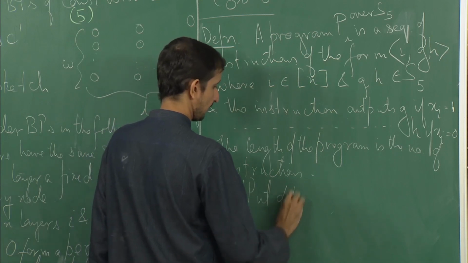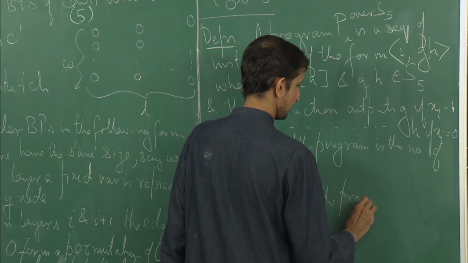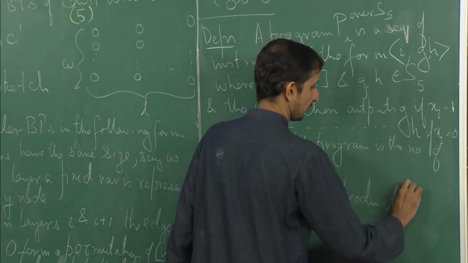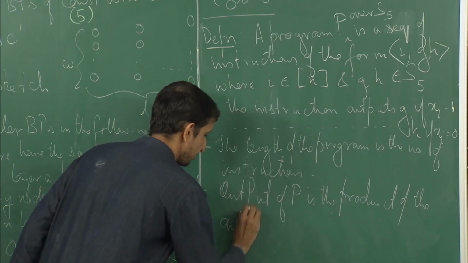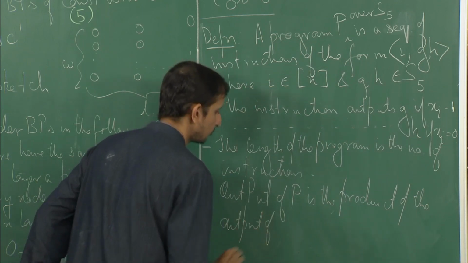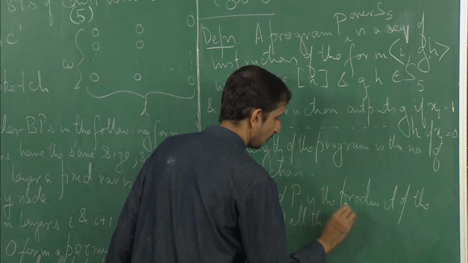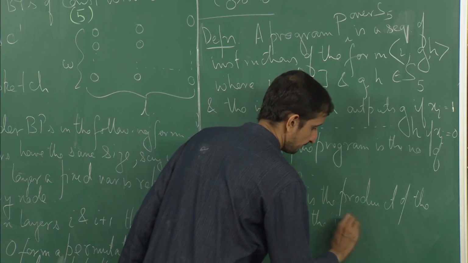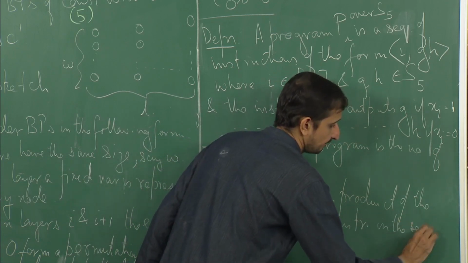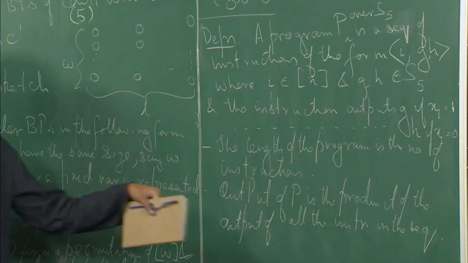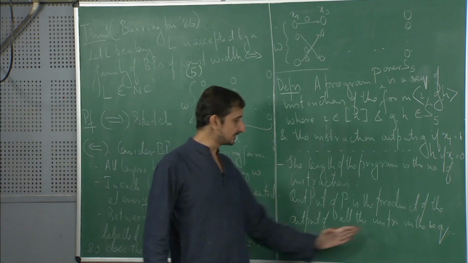and the output of P is the product of the output of all the instructions in the sequence. So this is why the order is important. So what do I mean by output of all the instructions?